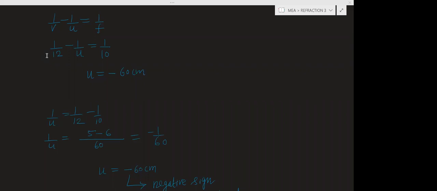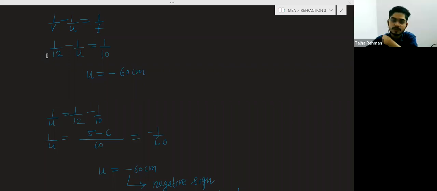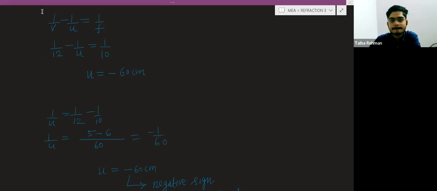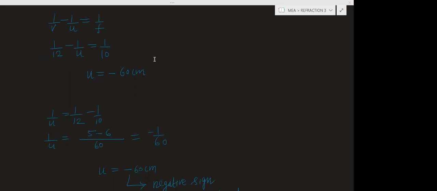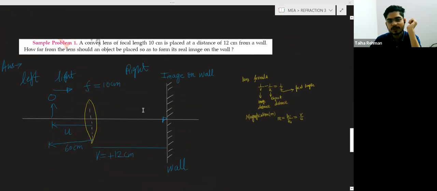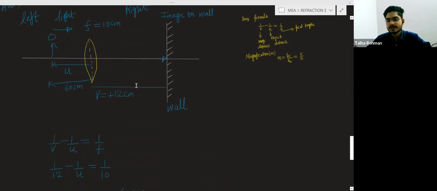It's plus 12 when it's convex, right? What are you saying? No, no, no, that is not the way. This is not decided by what you are saying.